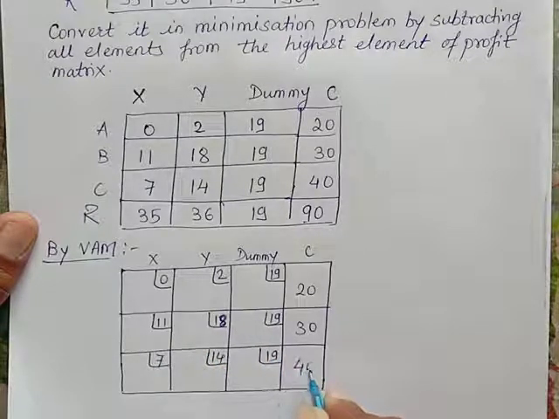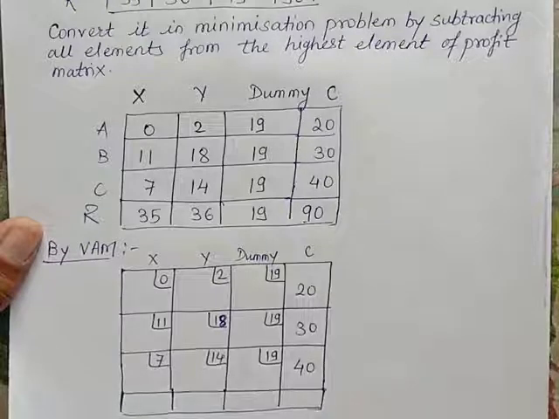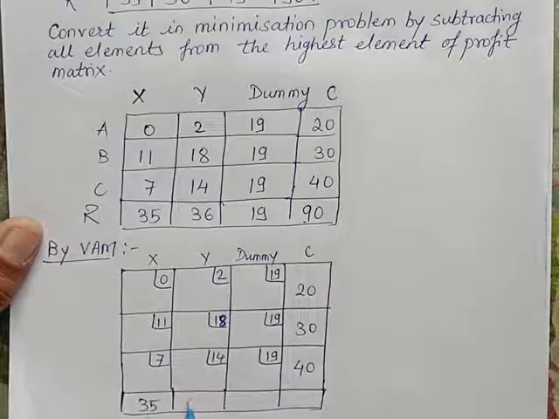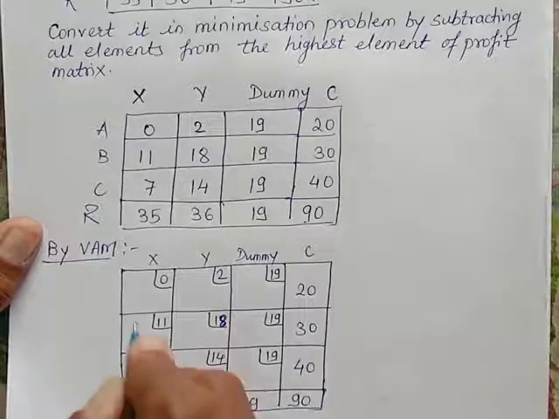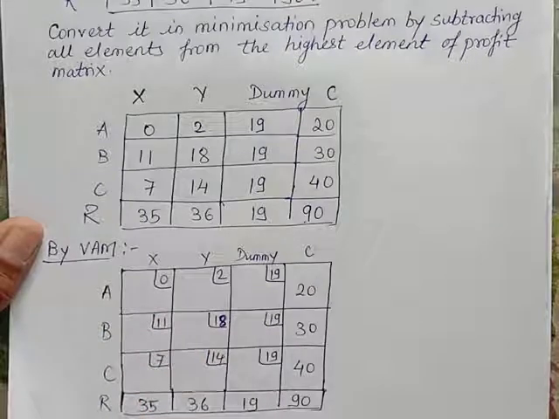It is 40. Okay, and the requirement 35, 36, 19, so it is 90. A, B, C and the requirement.